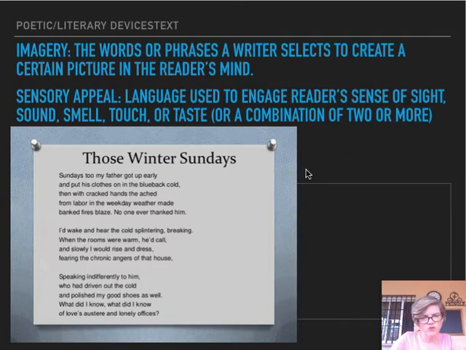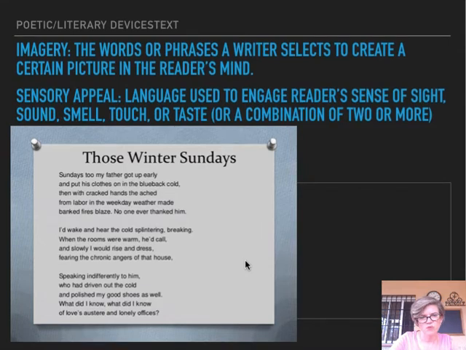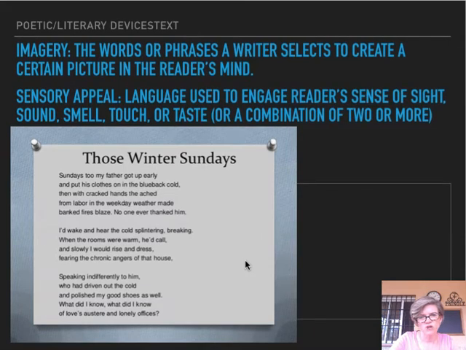I put the poem "Those Winter Sundays" here as an example of some really great sensory appeal that has to do with the cold that the father gets up to face so that the son doesn't have to, or faces it less.